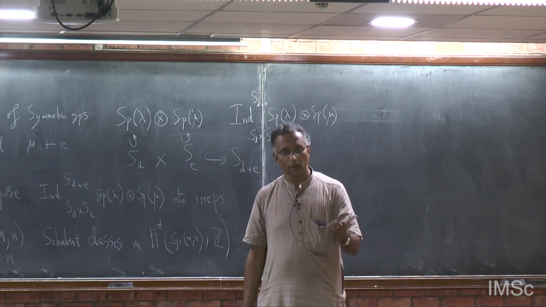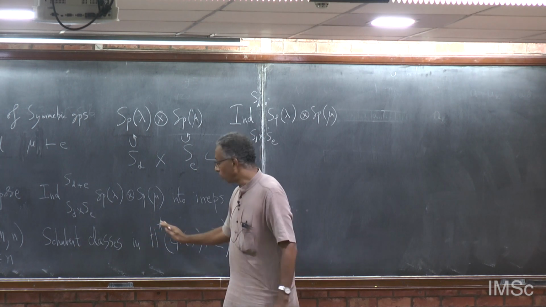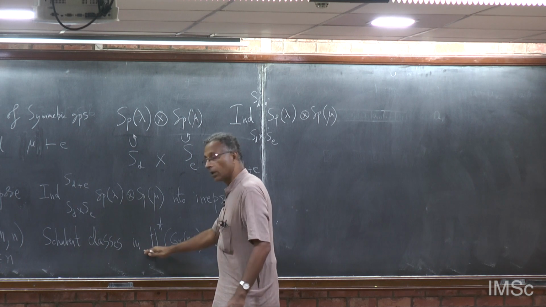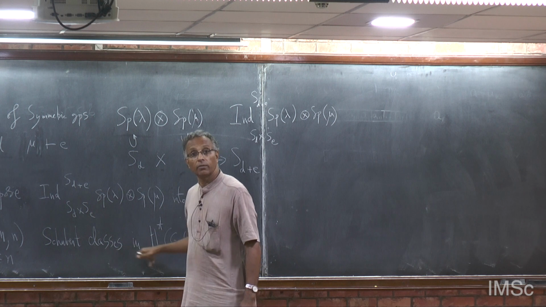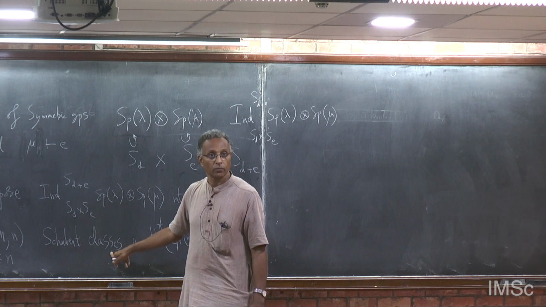Is that okay? Anyway, we are not getting into the details here. So there are some particular classes. As a Z module, this is a free Z module with this as basis.